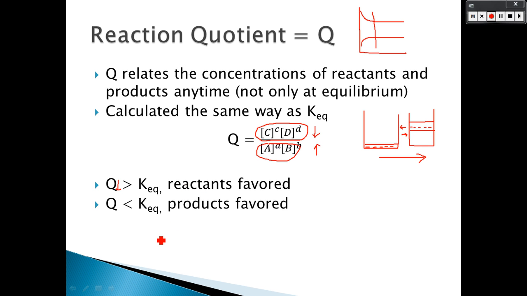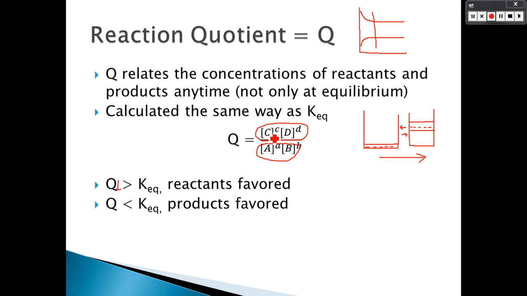Similarly, if Q is less than Keq, then that's going to be a products favored reaction, and it's going to shift the equilibrium to the right, or the forward reaction will be faster than the reverse reaction because, let's go back to here, if Q is less than Keq, that means this number here is too big, or this number here is too small.